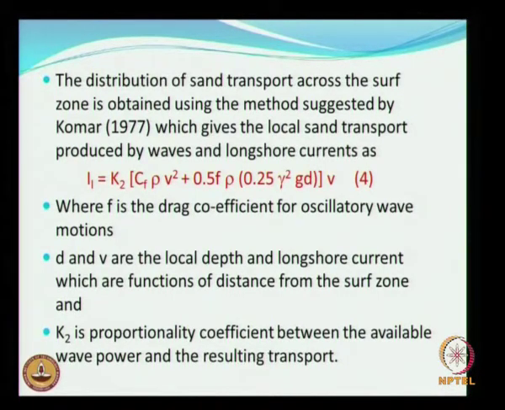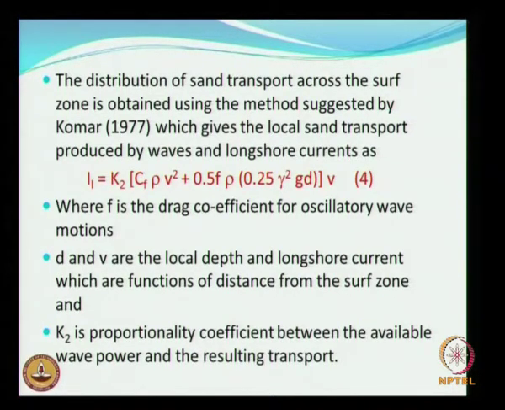What it gives is the local sand transport produced by waves and longshore currents. So IL is the expression he obtained, which is going to be a function of the longshore current velocity, which is going to be the driving force. This expression is called the local sand transport due to waves and the longshore currents.